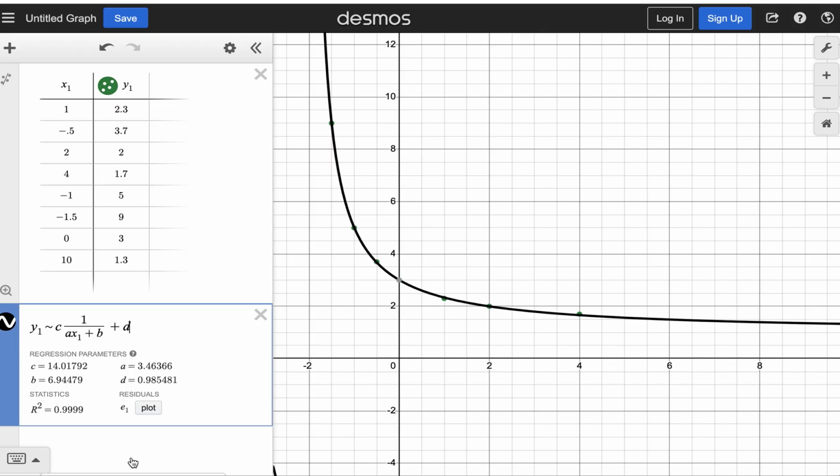So when you write this on the paper, and I'll have to make another video, well, I won't have to, I'll just tell you, I want you to write this equation, not with the letters in it, but with the numbers in it.